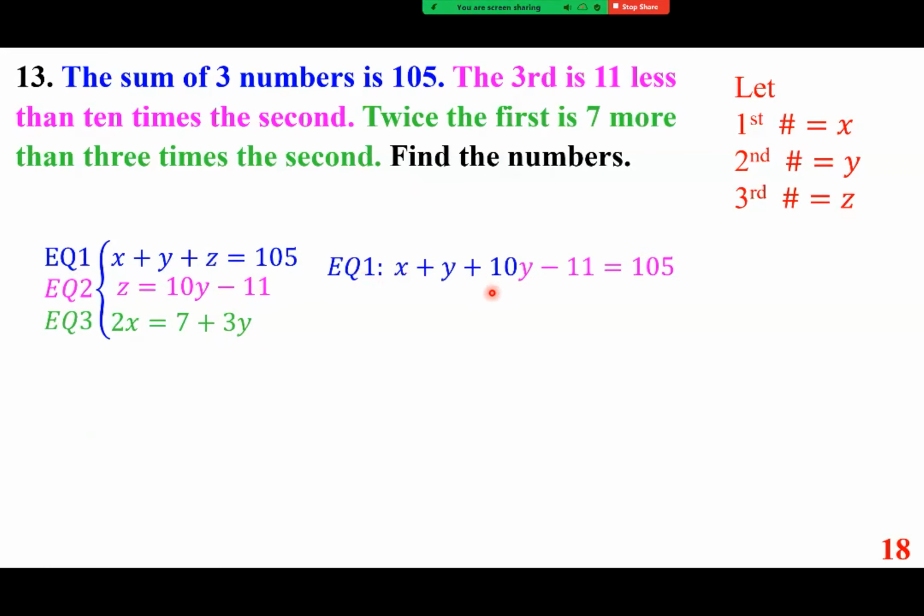So in equation 1, I'm going to replace the Z with 10Y minus 11. And so I get X plus 11Y equals 160.